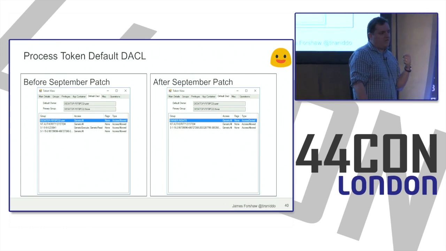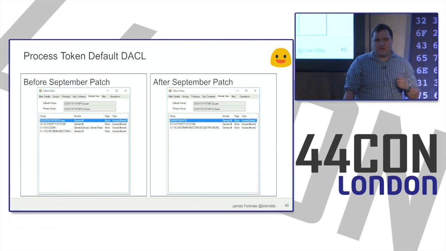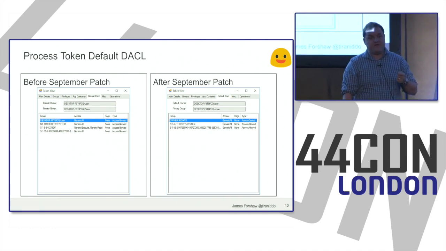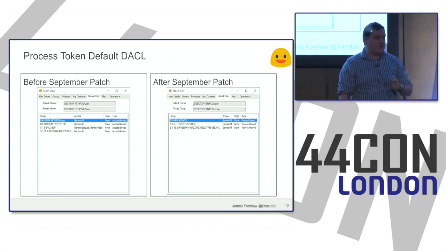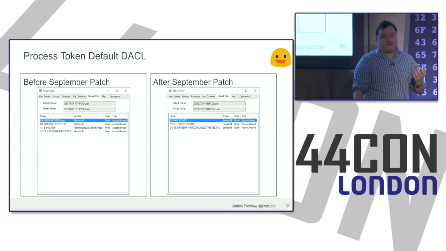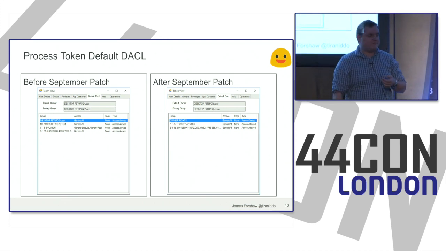Instead, for example, kernel objects usually need some mechanism to determine who is allowed to access them. And it does that by taking the current token's default access control list and applying it to any kernel object. Prior to the September patch, this default DACL had entries for user, all that standard sort of stuff. After the September patch, the default DACL is only for system.